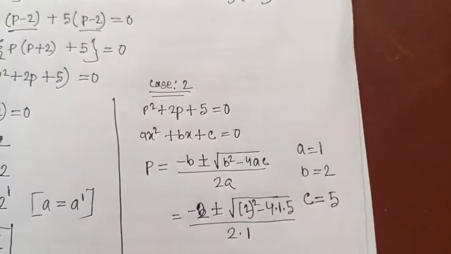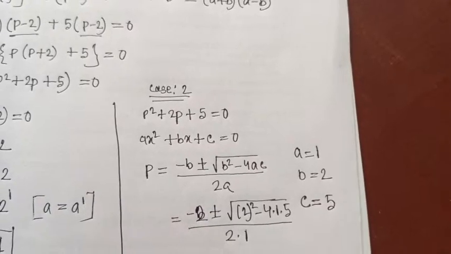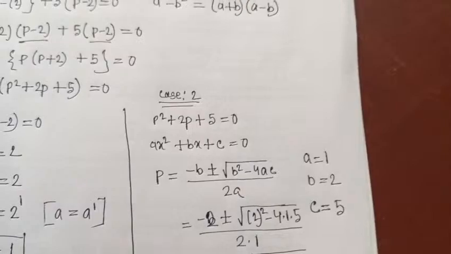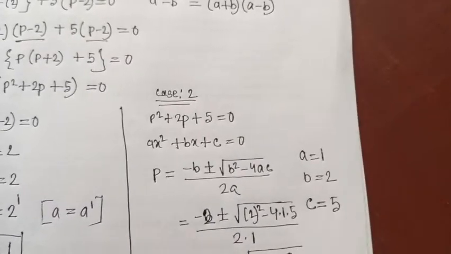So the equation becomes p equals minus 2 plus minus root over 4 minus 20, by 2.